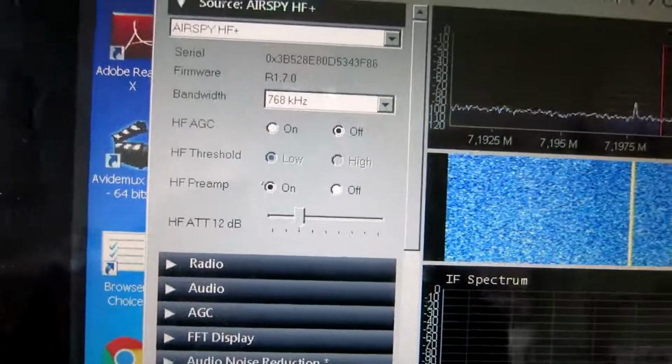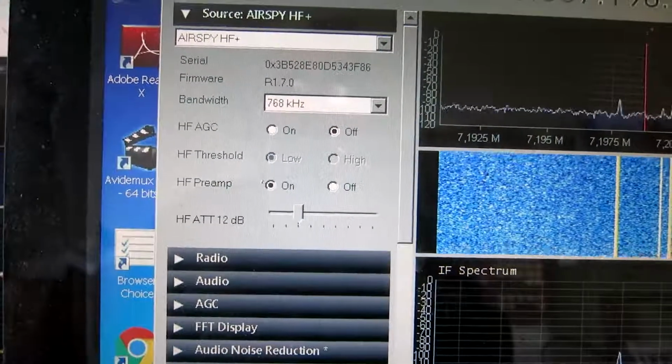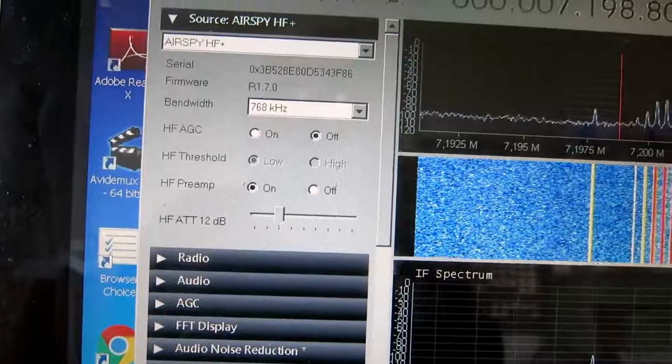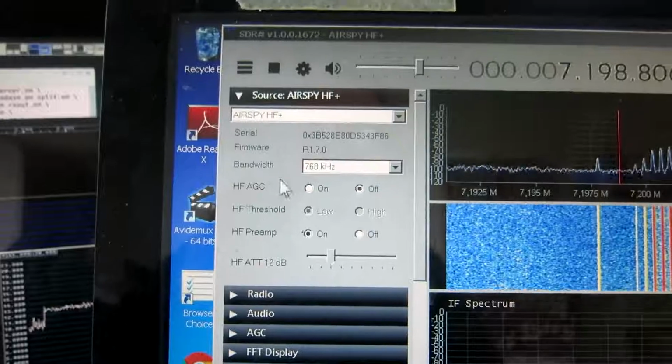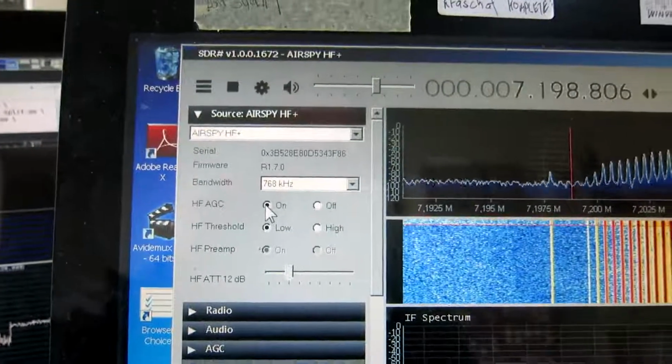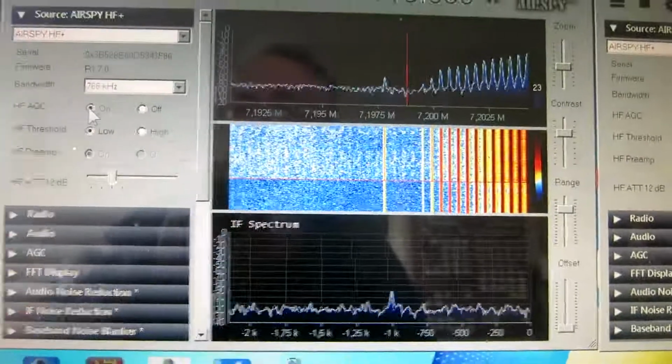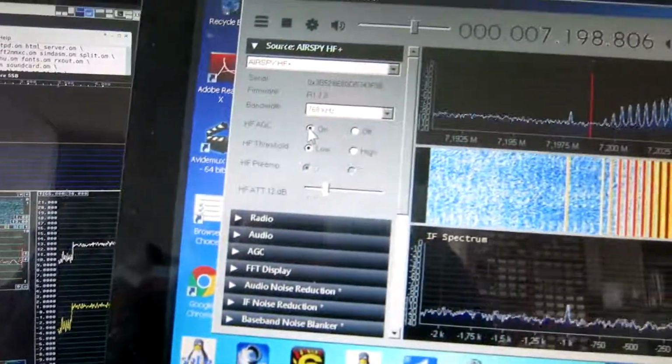These parameters give the best dynamic range as I have found it. If I switch on the AGC here, I get a significant degradation.